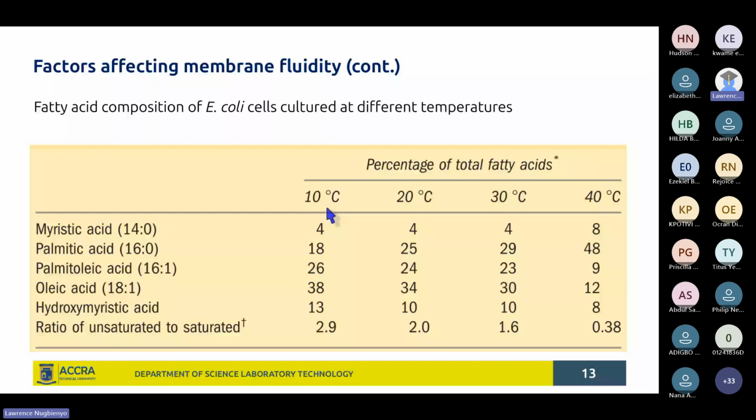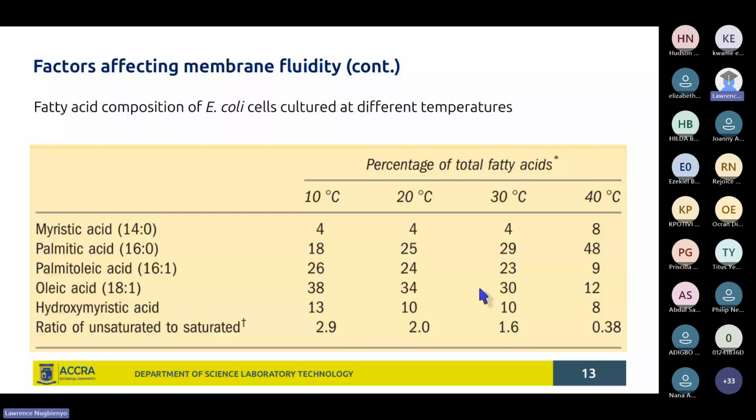Now, if there's going to be less fluidity, then the organism must adapt by producing more unsaturated fatty acids that contain more double bonds, that will not require a higher amount of energy to be fluid. So you see, this is how an organism, say a bacteria, can also adapt to such conditions.